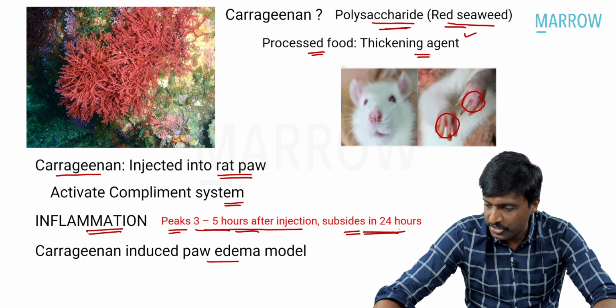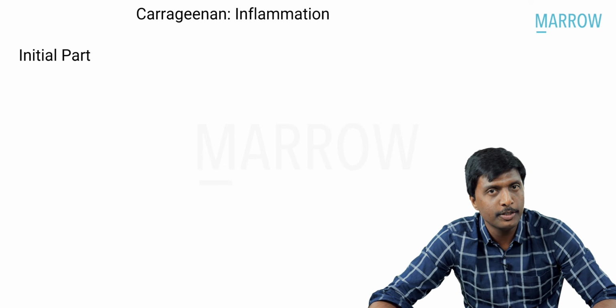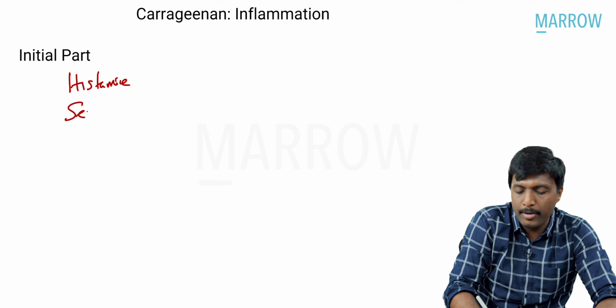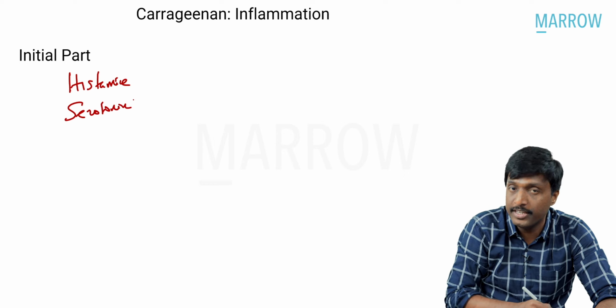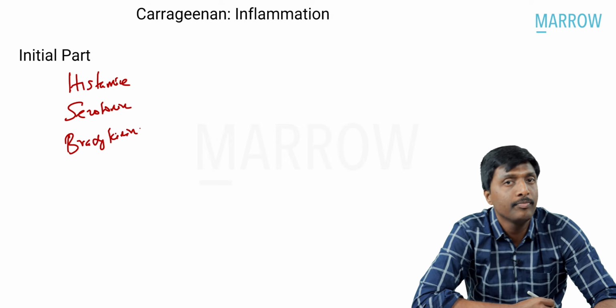So this inflammation has got two important parts. The initial part, if they ask you, can be because of histamine. Yes, sir. Can be because of serotonin? Yes, sir. Can be because of bradykinin? Yes.